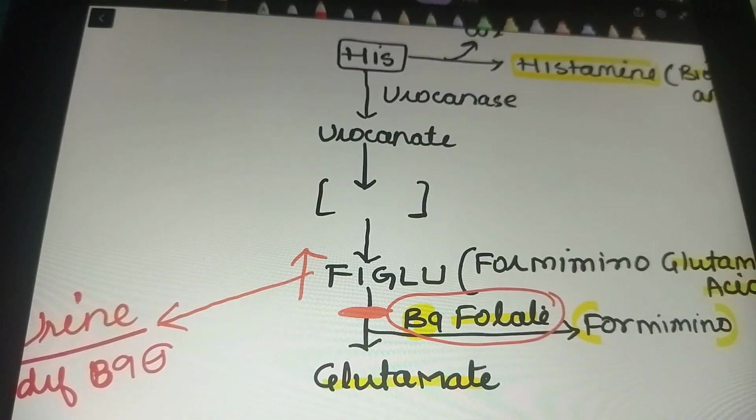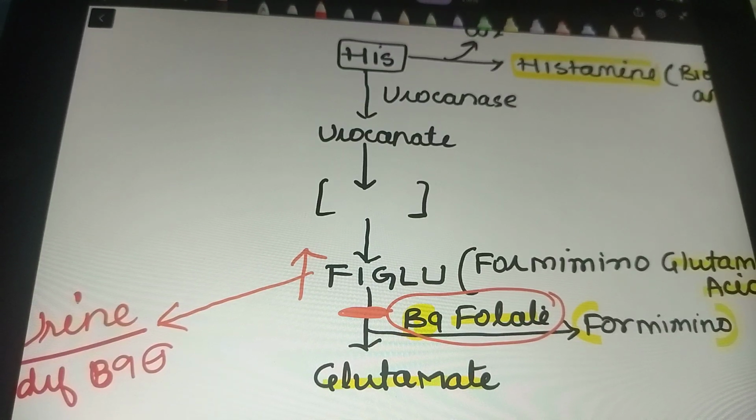So there is a lot of correlation between different amino acids. I already told you, when we were talking about the amino acid methionine, that methionine is formed from the methylation of homocysteine. That methyl group is taken up by B9 and transferred to B12. B12 gives it to the homocysteine.